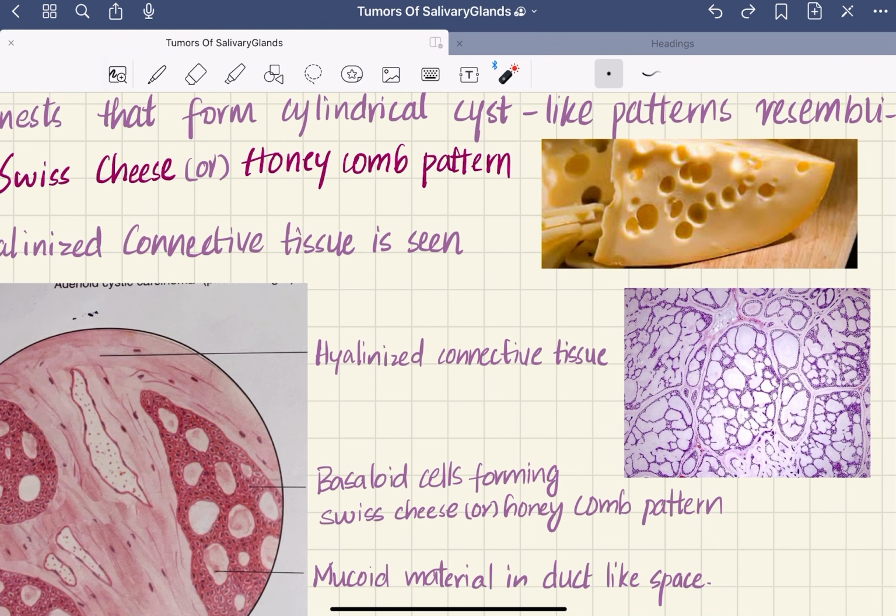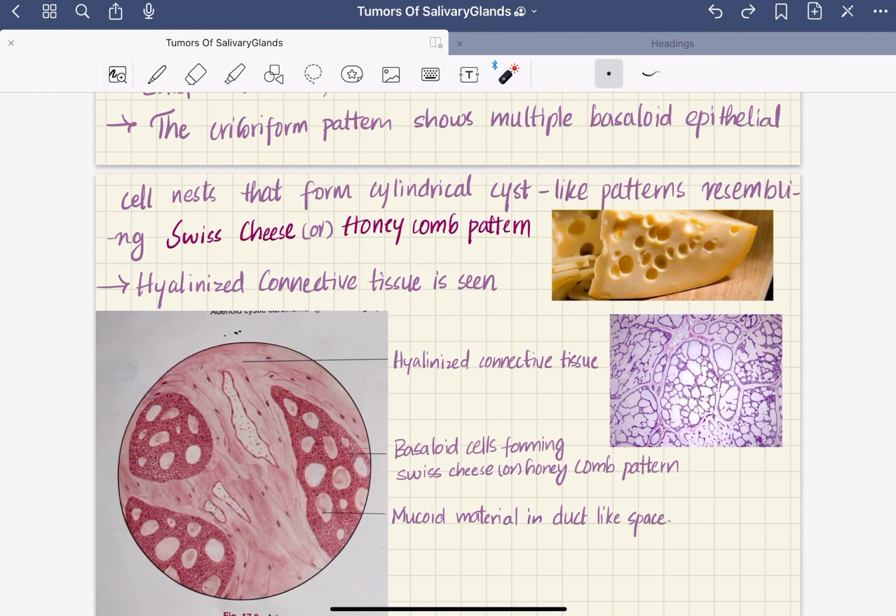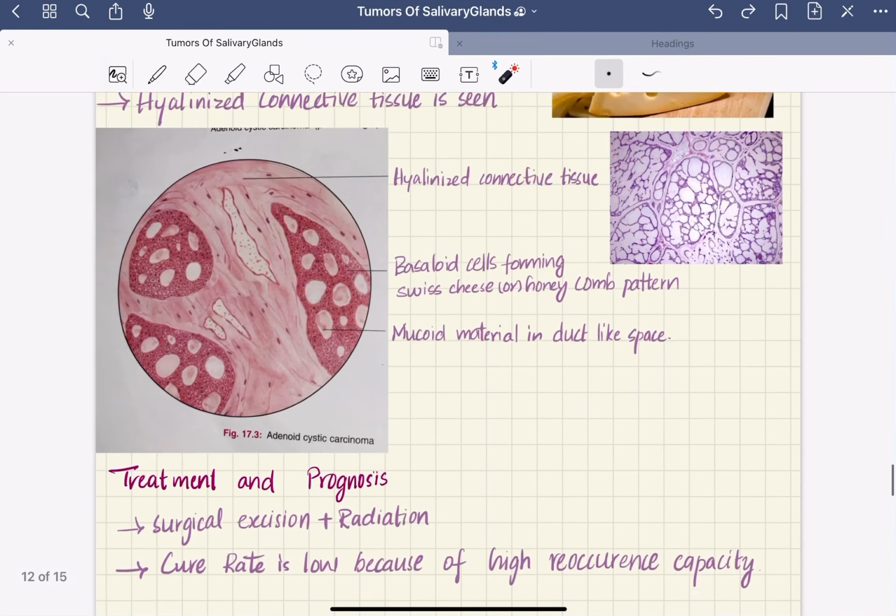In your university examination, in a 2 marks question, it may be asked as Swiss cheese pattern. It is the histological feature of adenoid cystic carcinoma.